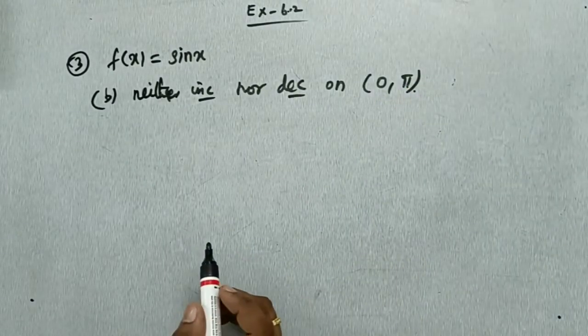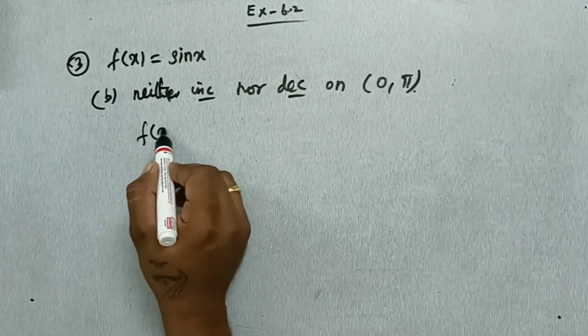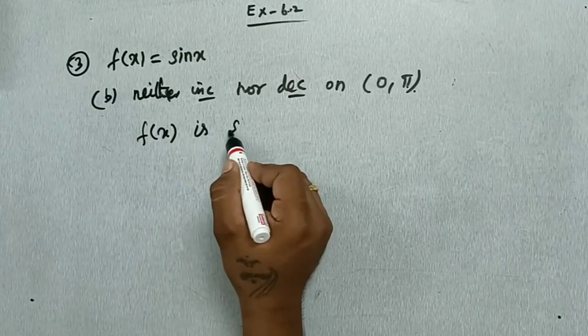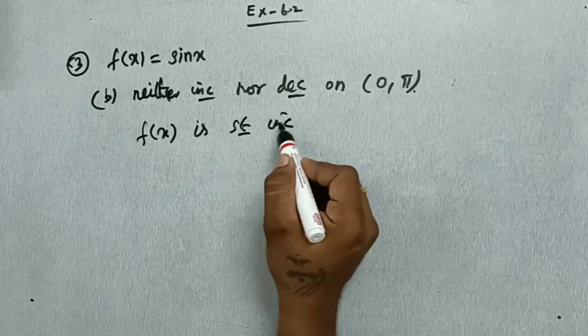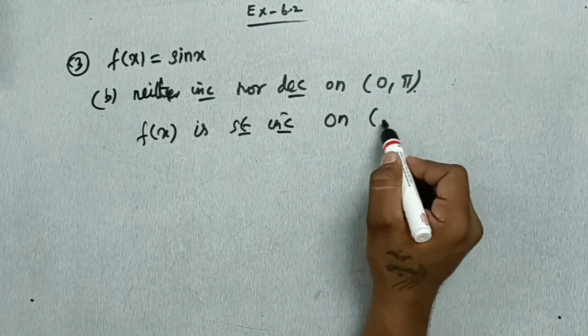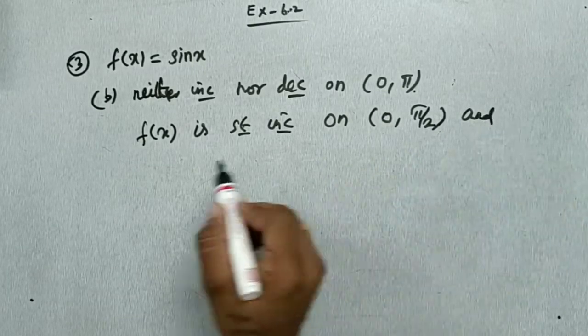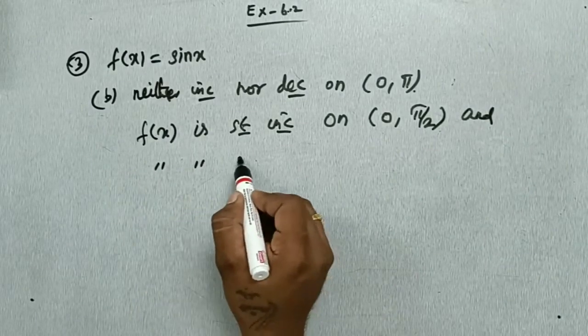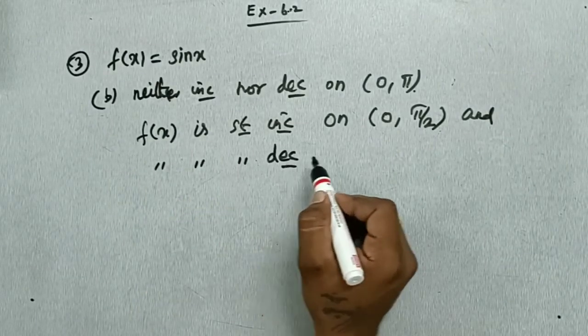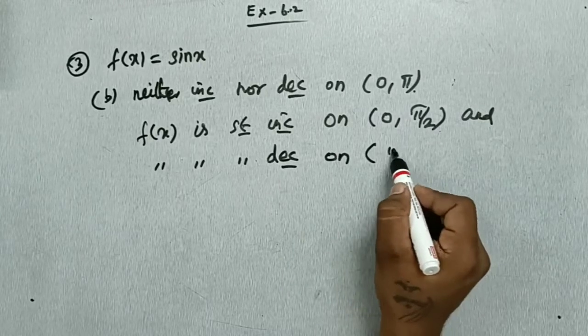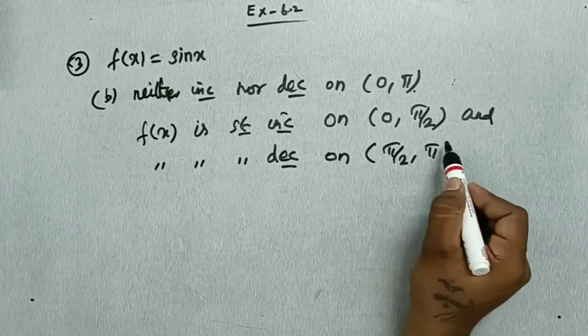So we know that clearly f of x is strictly increasing on the interval 0 to pi by 2, and the same f of x is strictly decreasing on the interval pi by 2 to pi.